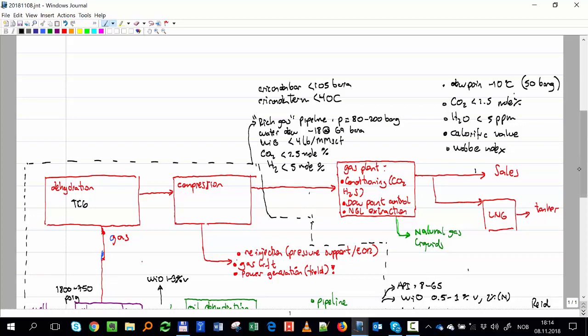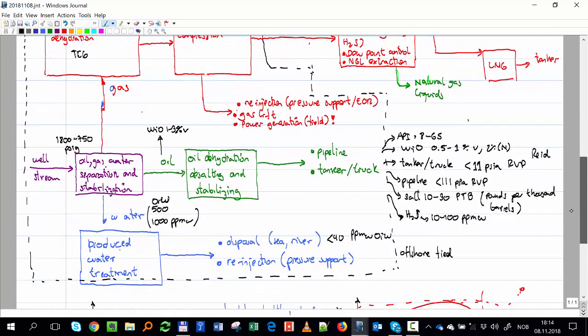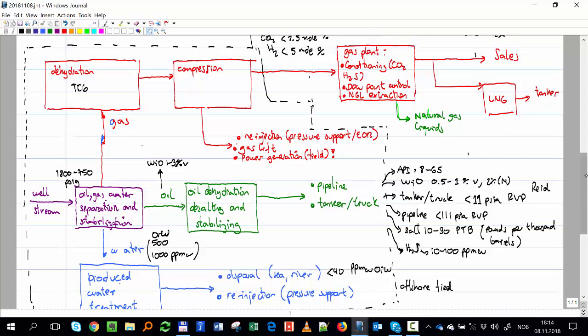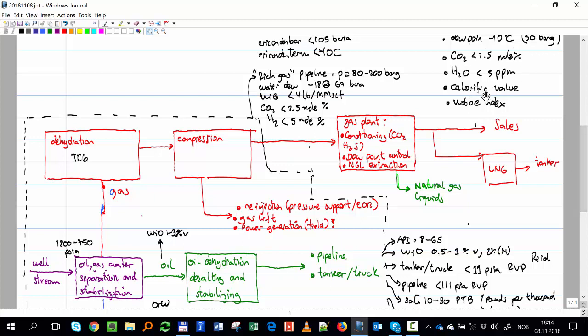As I mentioned, we are going to look mainly in this drawing at this part here, but I just wanted to show you the whole figure, which is really just to take these products to the specifications that I need.